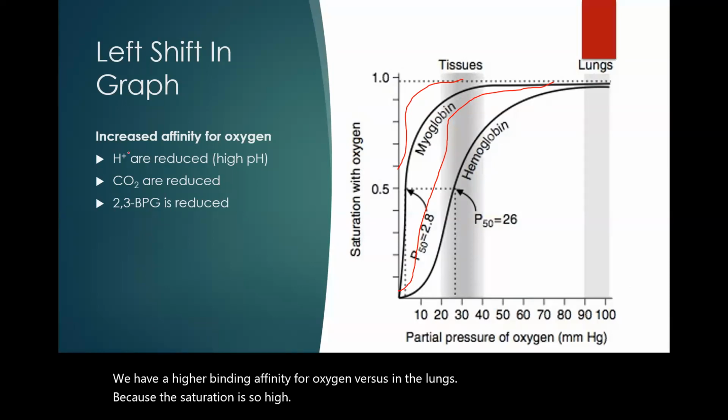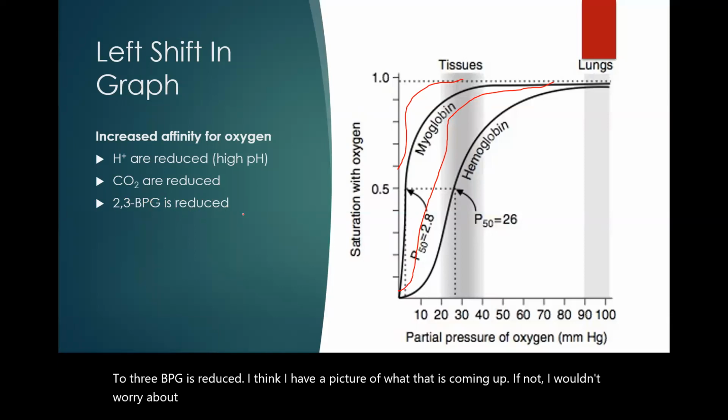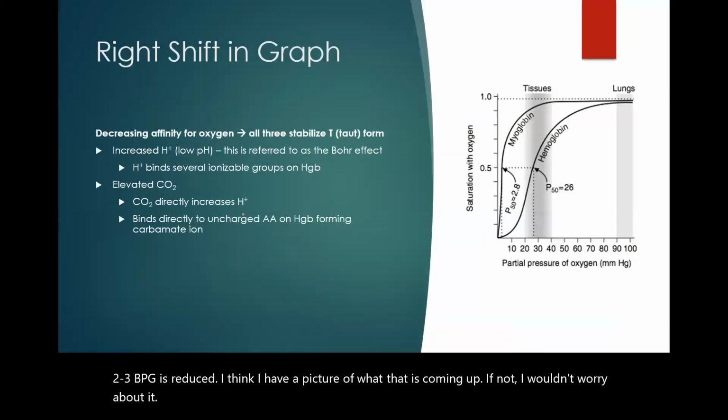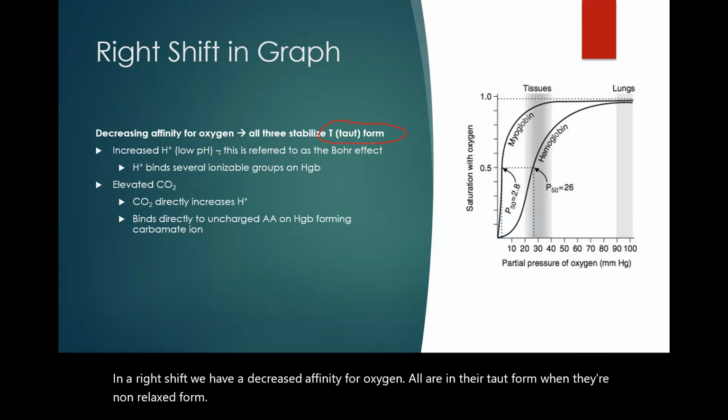So when we have increased affinity, hydrogen is reduced, we have high pH, carbon dioxide is reduced, and 2,3 BPG is reduced. I think I have a picture of what that is coming up. If not, I wouldn't worry about it. In a right shift, we have a decreased affinity for oxygen. All are in their taut form, the non-relaxed form. So we'll have increased hydrogen ion and low pH.